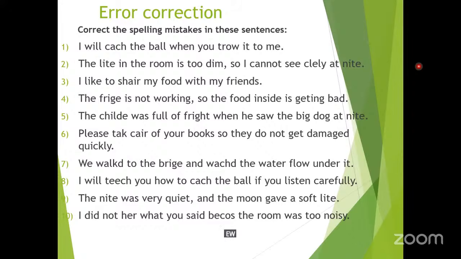ECTNESS. Correct. Okay. Correctness. Well done. Good job. I don't know how to pronounce it. It's correctness.